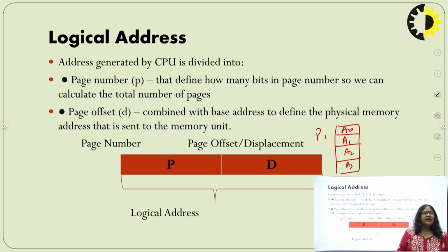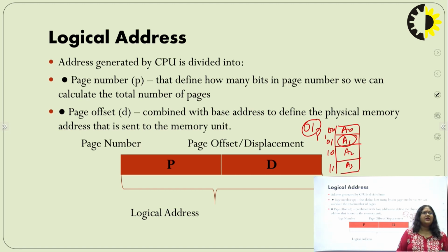We have to recognize the page by its number; the binary of 1 is 01, so P1 is recognized in binary form as 01, and each word is also represented in binary: 00, 01, 10, 11. So when the address is 0101, that means the page number is 01, meaning page P1, and the displacement is A1, because the address is 01 01. So this is the page number and the page displacement.